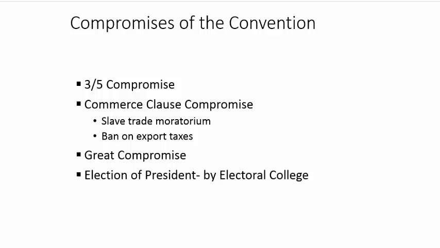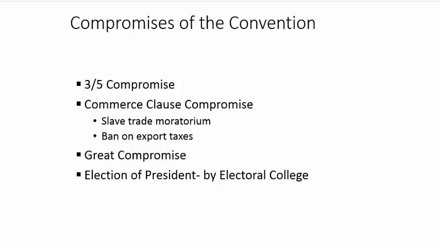The Commerce Clause Compromise was designed to work out the differences between the northern and southern views on commerce. The South insisted on a slave trade moratorium, that is to say, no laws which would impinge upon the slave trade for at least 20 years, and a ban on export taxes, because the South largely lived on exports.